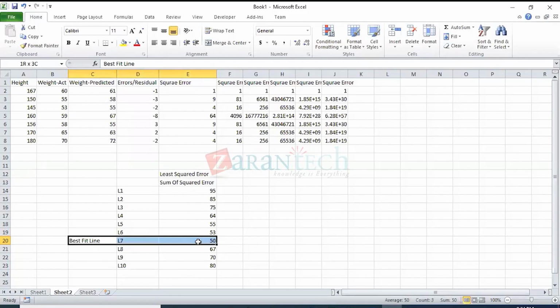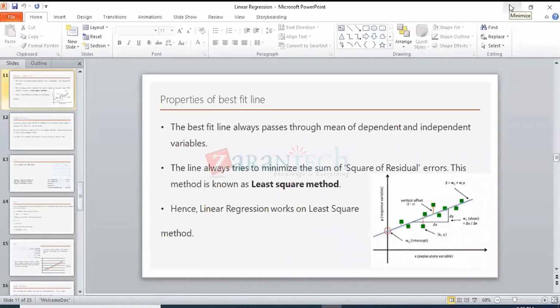Okay, are you guys clear with this? And so to find the best fit line, the least square error method is used? Yes. Okay, so the theory behind linear regression is the least square method.